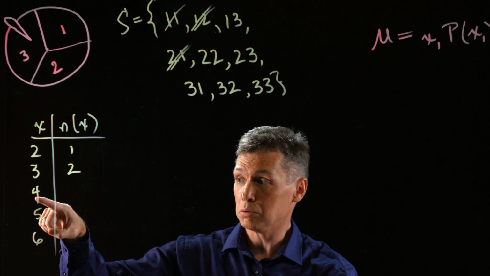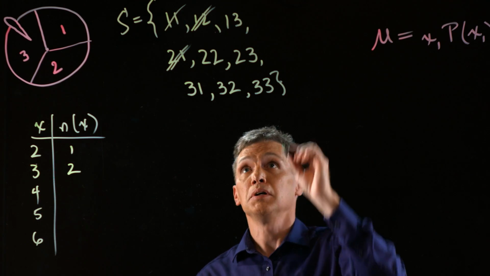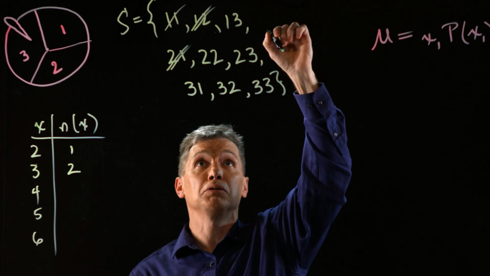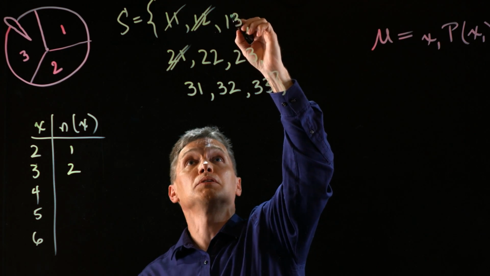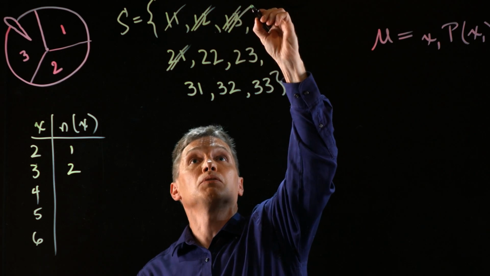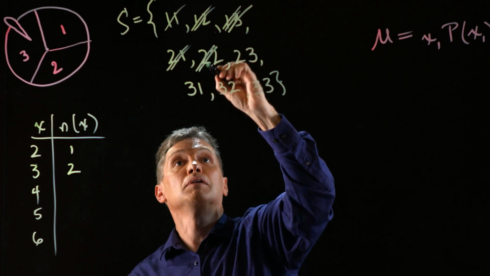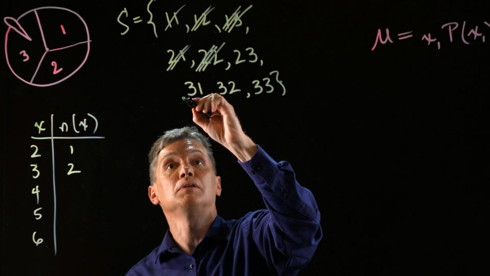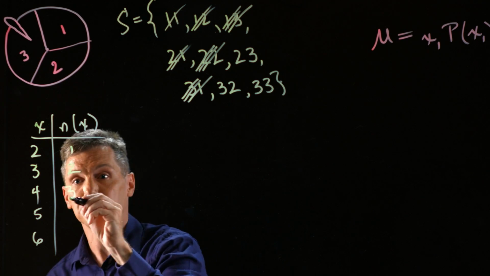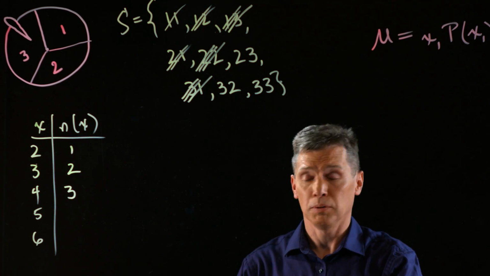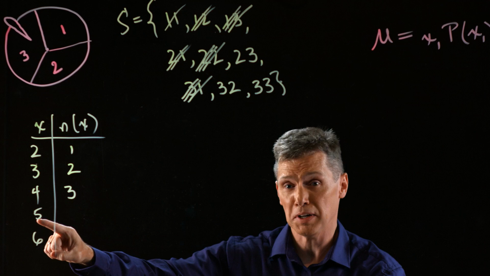For a value of 4, I have to find the frequency. I'm looking for these pairs of digits that would add up to 4. So let's see, that's 1, that's 2, that looks like 3. Okay, and then my next value of x would be 5.